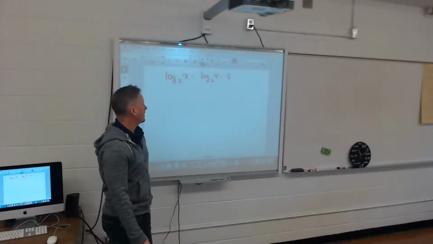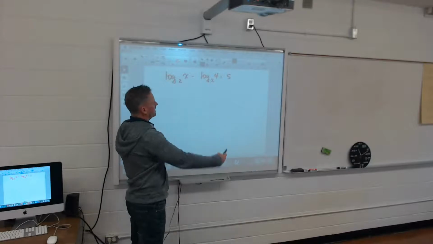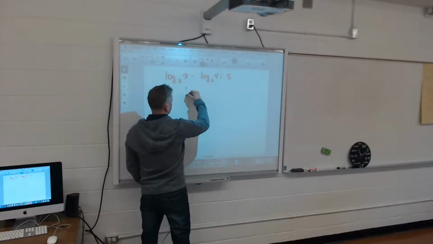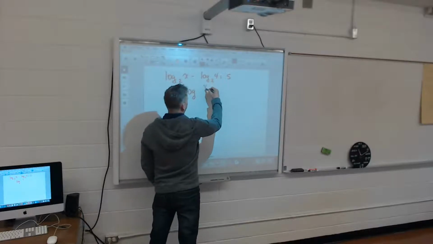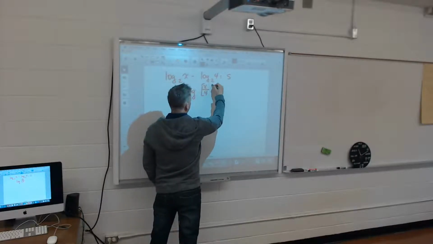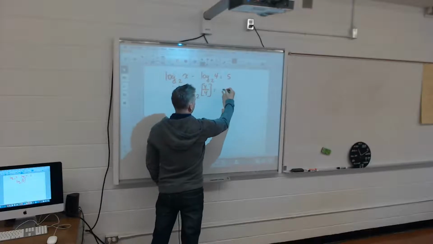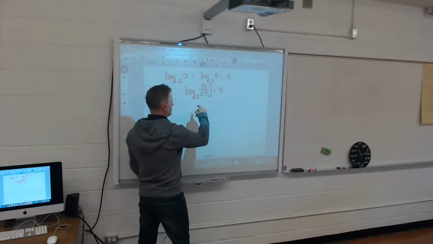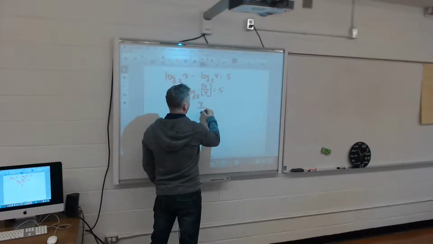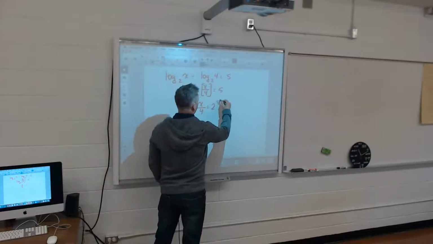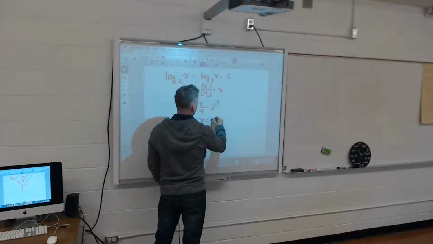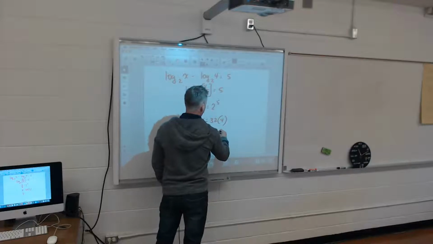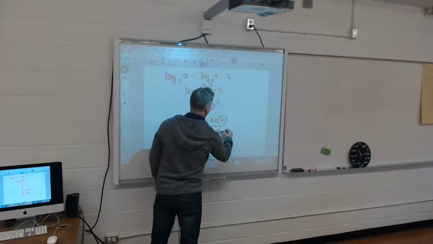Okay, so the way I've got it written right now, I can't very easily solve for x. So what I do is I use my quotient rule. So that means that this is the log of x over 4 to the base 2 is equal to 5. Now that I have it written as a singular logarithm, I go x over 4 equals 2 to the 5th. X is equal to 32 times 4. X is equal to 128. So I'm able to solve for this.